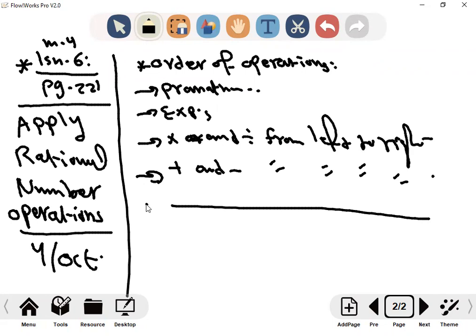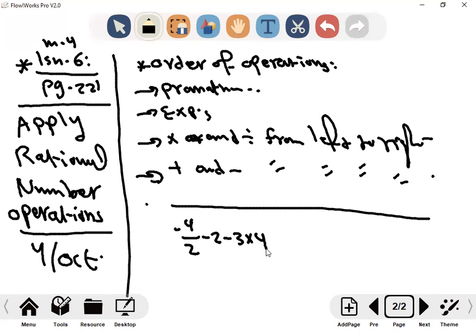Like in the quiz question, you have something like negative 4 over 2, then negative 2, then negative 3 multiply 4.